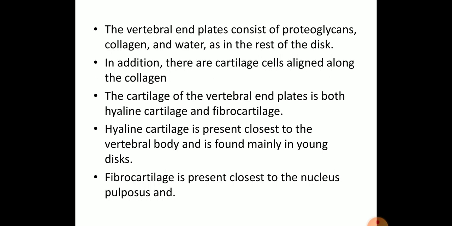Mainly, the intervertebral disc is composed of three structures: the nucleus pulposus, the annulus fibrosus, and the vertebral end plate. The composition of each structure is different from one to another. The nucleus pulposus is mainly made up of a water-like or fluid-like structure with a high amount of proteoglycans and a limited amount of collagen fibers.